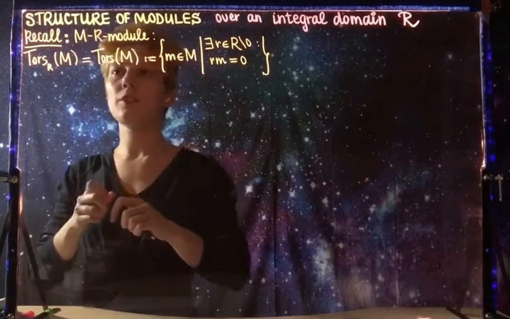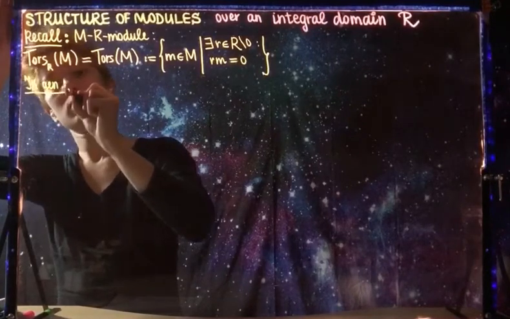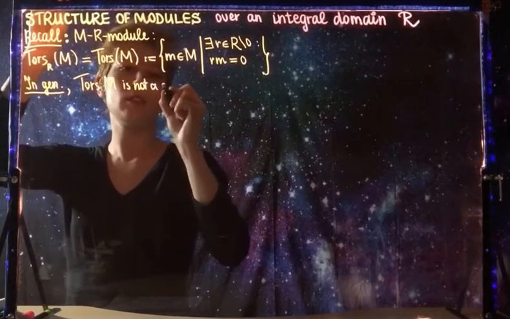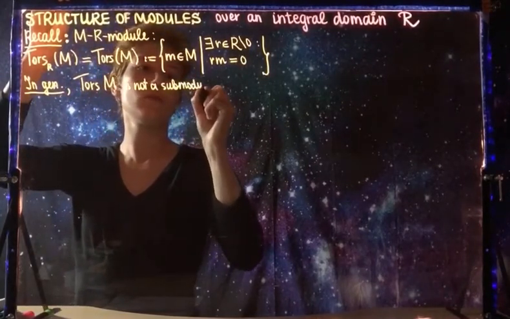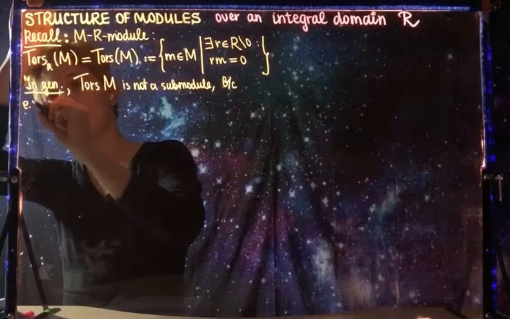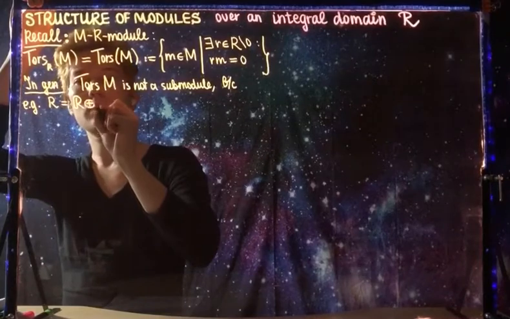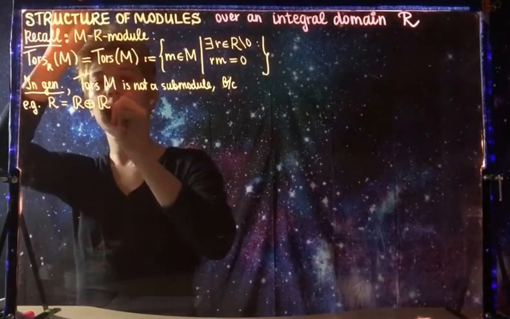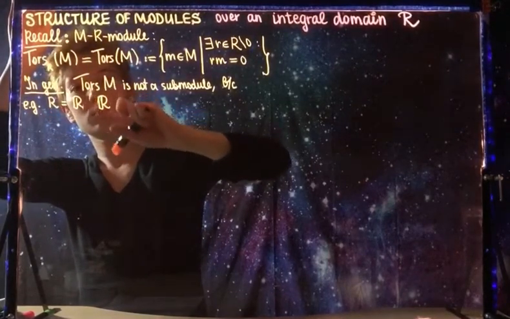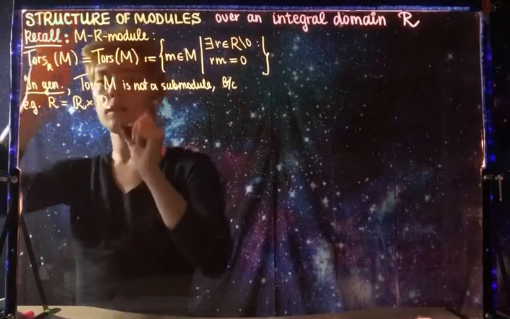And I said that in general, Tors M is not a submodule, because take for example R to be the ring F times F, a field cross a field as a ring.